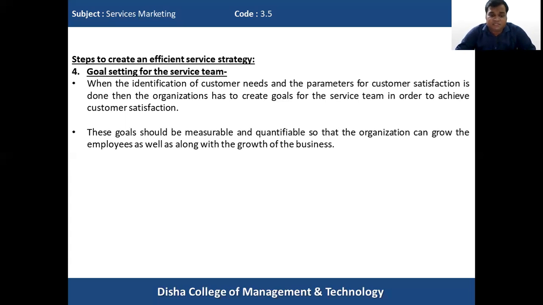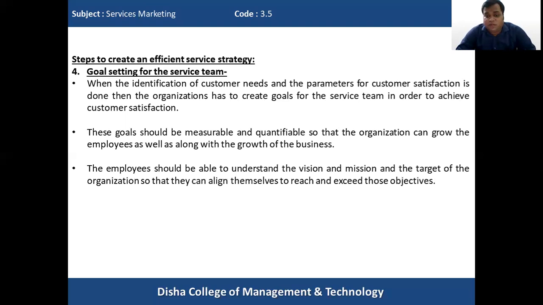The employees should be able to understand the vision, mission and target of the organization, so that they can align themselves to reach and exceed those objectives. Whatever objectives or goals have been set up, while the service team is pursuing them, they should understand the mission, vision, and target of the organization.